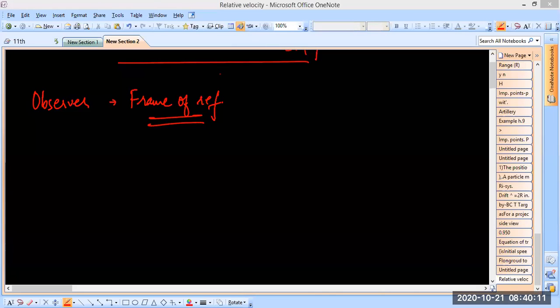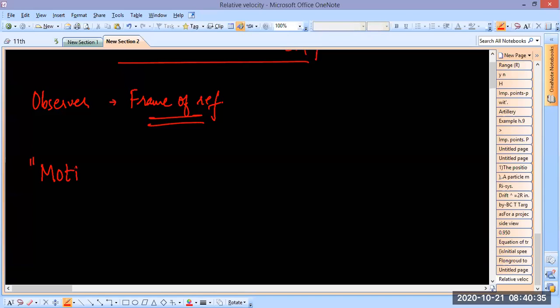The situation or position or location from where the observer observes, that is called frame of reference. All that had come up. There are three things, right? Read all that once again if you have forgotten. Now, why am I bringing this up here? Because there is one very short but amazing sentence. This one.